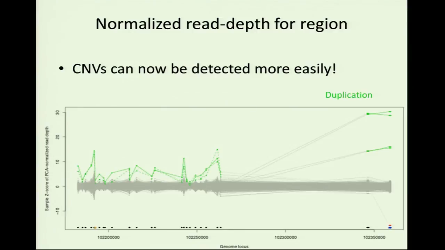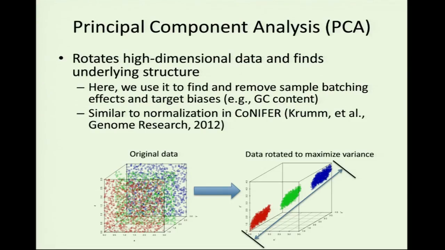The way we normalize data is using principal component analysis, PCA. Conceptually, it rotates the high dimensional data, that matrix we were looking at, and tries to find some underlying structure. The structure doesn't have to be known, but it does have to be linear, because that's the way principal component analysis works.